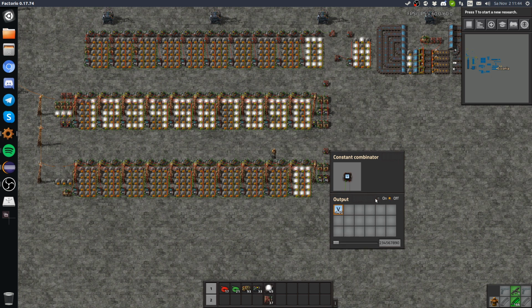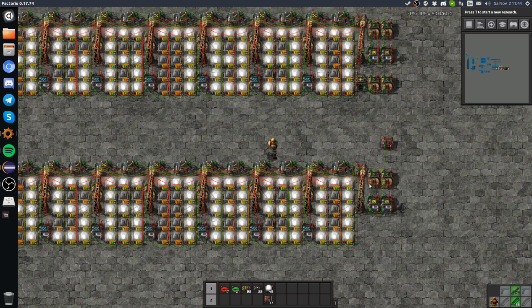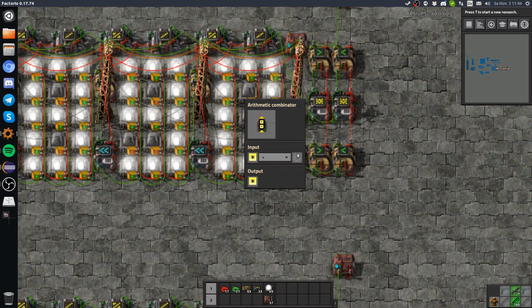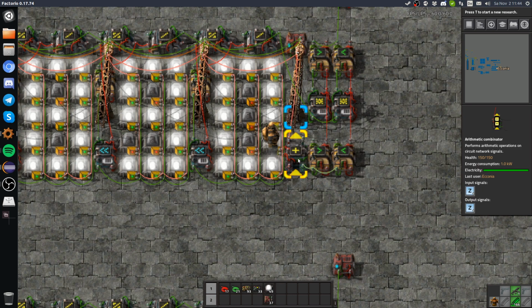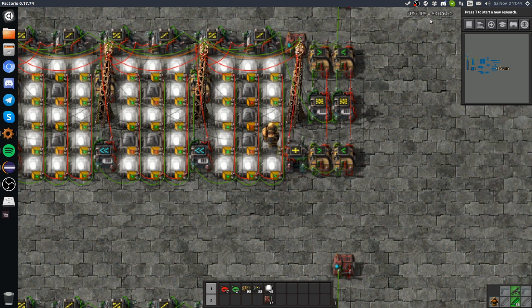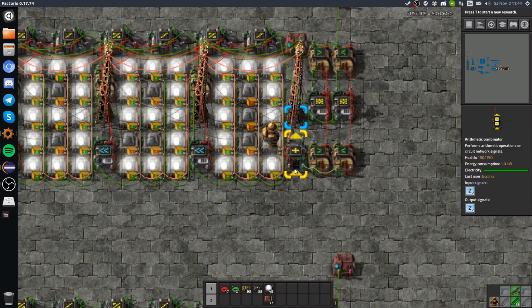If you turn this off, you may notice that the negative prefix is a bit faster than the rest of the digits. So what you need to do is to just put a little bit of random delay here, as I did in the finished type of display. Here you just got a combinator which does nothing to the value, and that just causes a 1 tick delay, or one whatever that U stands for.